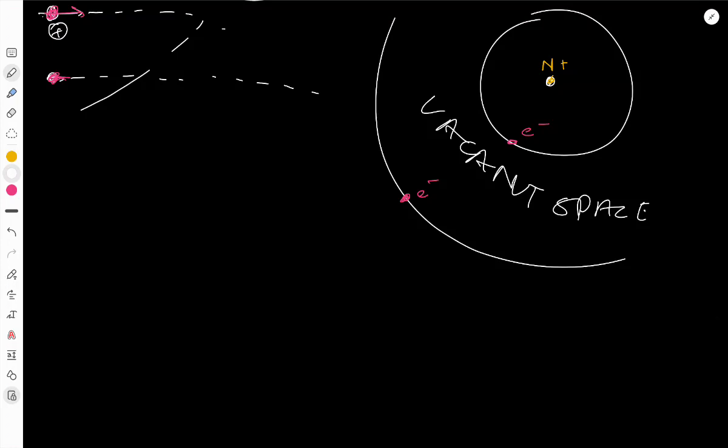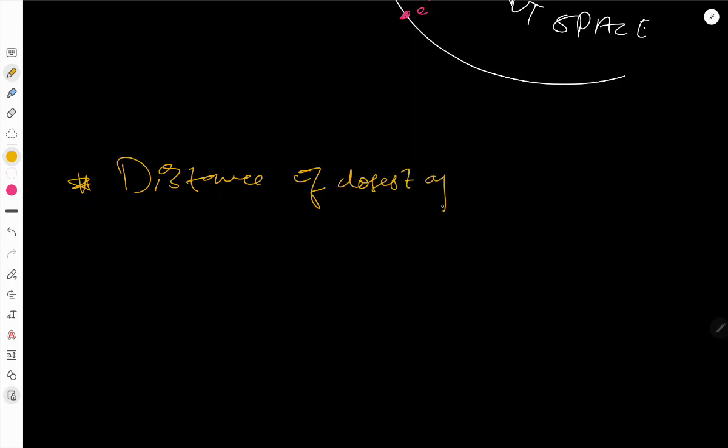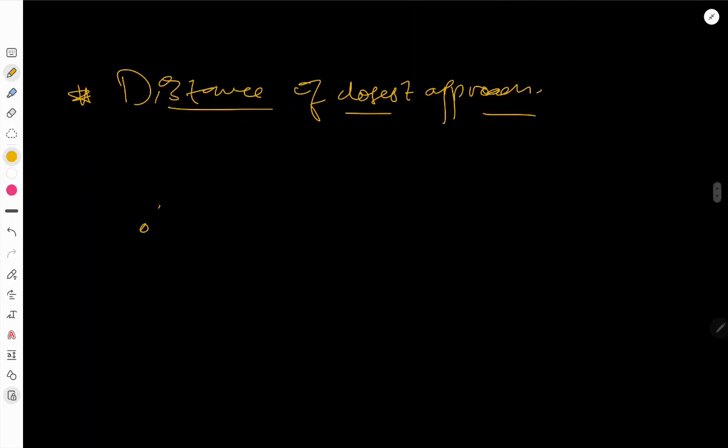And now from this, he derived a formula of distance of closest approach. And what is the distance of closest approach? Now this alpha particle, let us represent it by a different color.